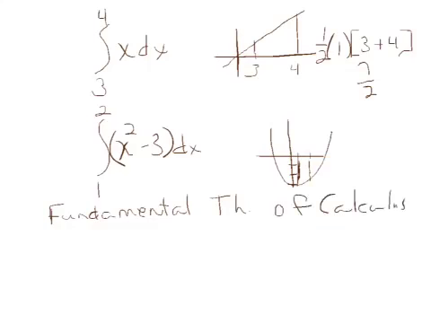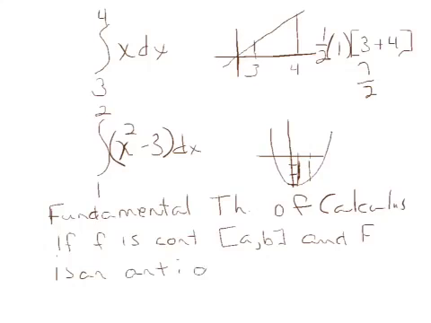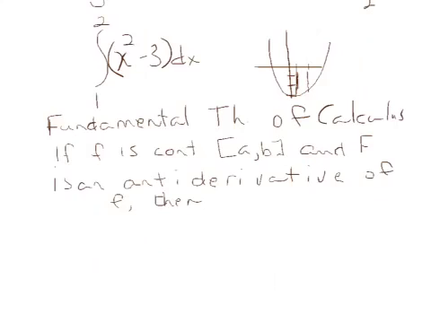And that says that if f is continuous, in other words, if our function is continuous on the closed interval [a, b], and capital F is an antiderivative of f, then the integral from a to b of f of x dx is equal to big F of b minus big F of a.